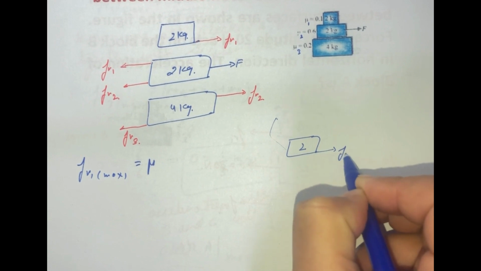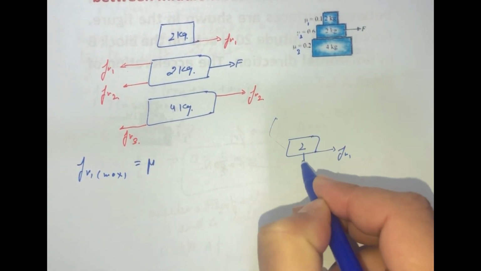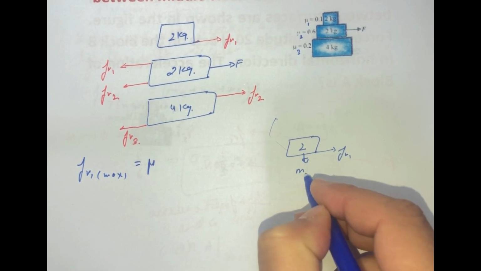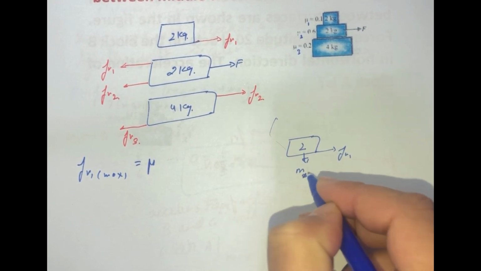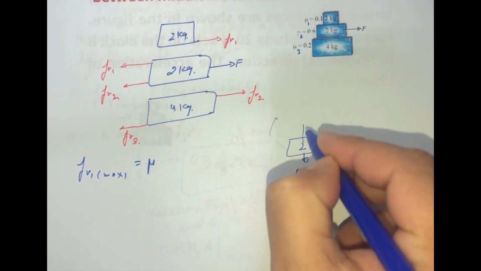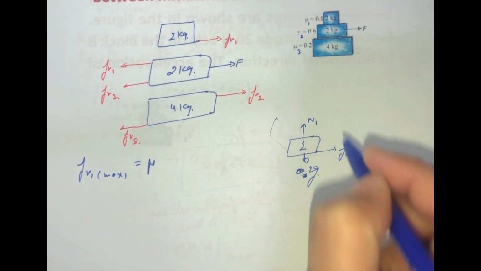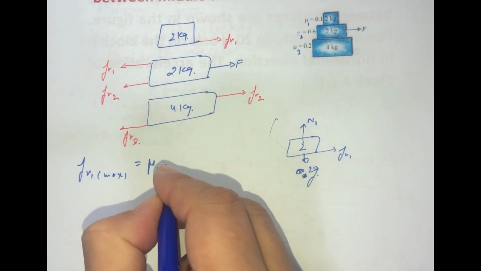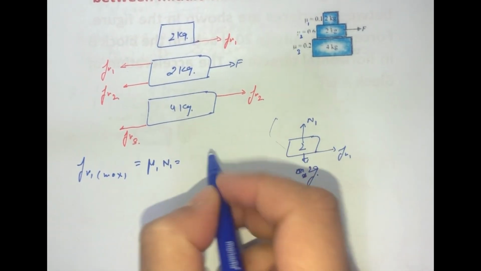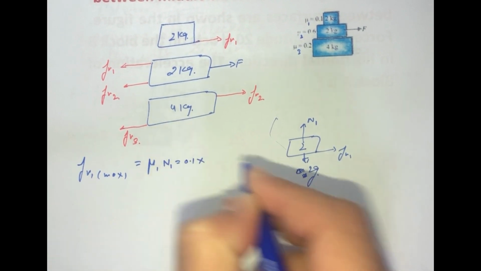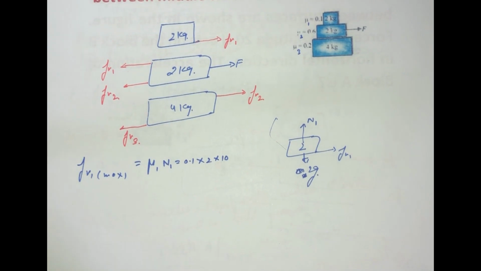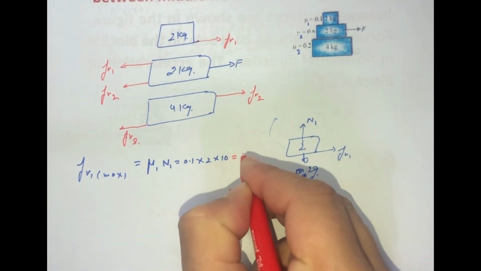We have Fr1, and here will be 2g, and there will be a normal, let us call this n1. So mu1 n1, and n1 is equal to 2g, so we can write 0.1 into 2 into g, which is 10, so we get the maximum value equal to 2 Newton.